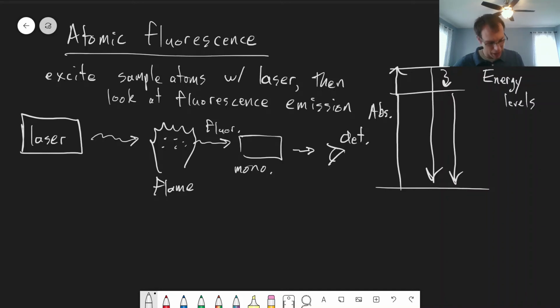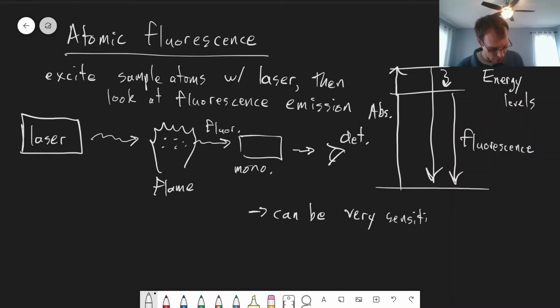So maybe the atom relaxes down to a lower state, but we see the fluorescence come out, and that's what we're looking for.